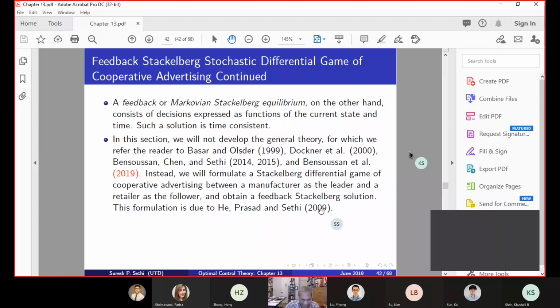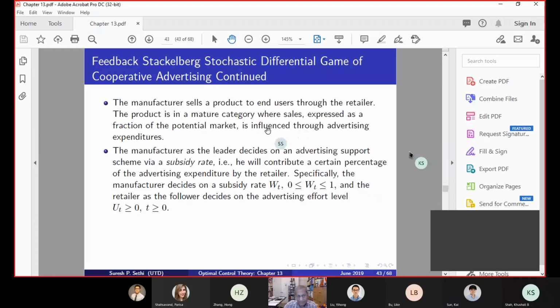Okay, with that little part, we're now going to go to the Huang, Prasad and Sethi paper of 2009, where we do the Stackelberg game for this problem called cooperative advertising. So what is cooperative advertising? Cooperative advertising is an idea by which the manufacturer provides the retailer support for the retailer's advertising.